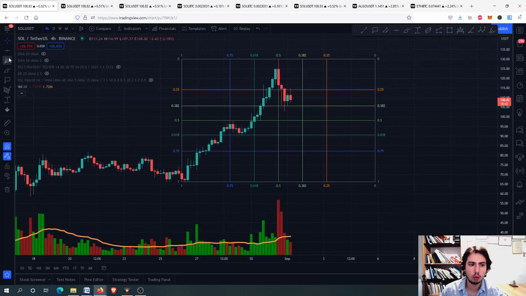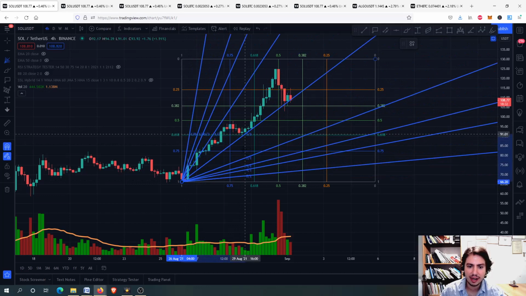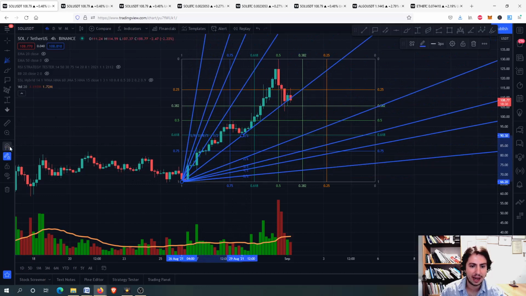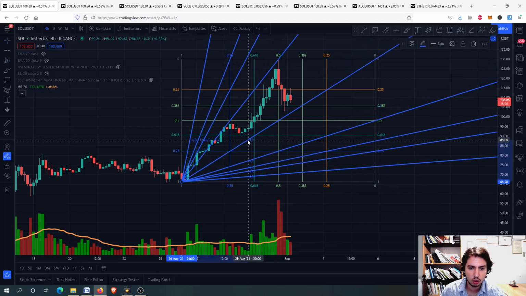And if you draw the GANN fan from this bottom, I have used the magnet right here to identify the lowest point. If you use the GANN fan, then the 1-1 line, and I will close the magnet because it doesn't help me now, has to go through all these lines here, guys.